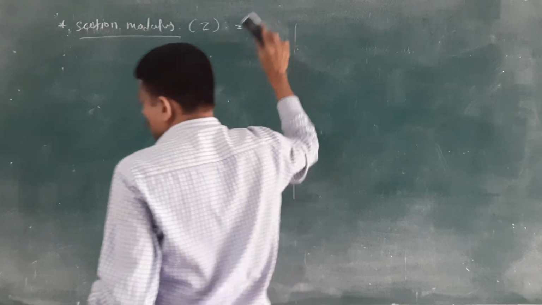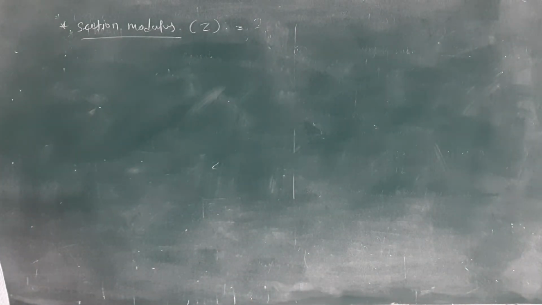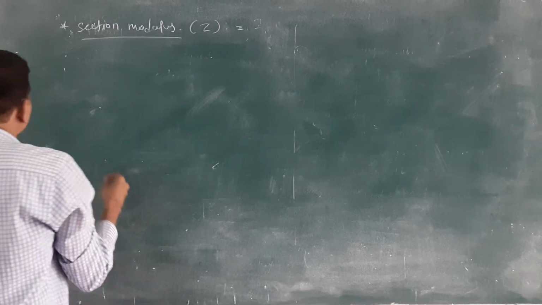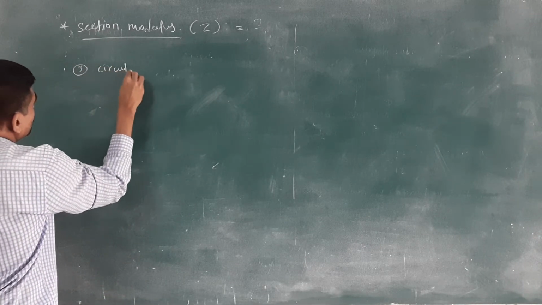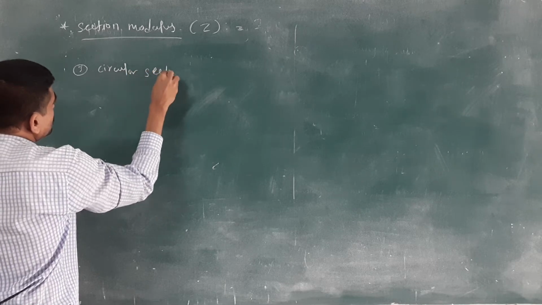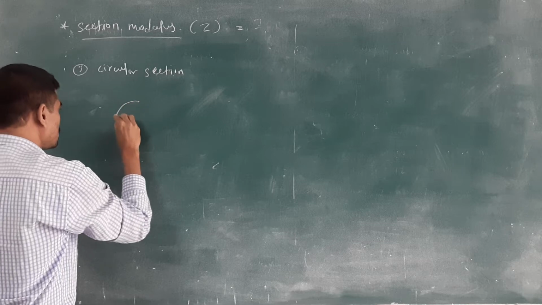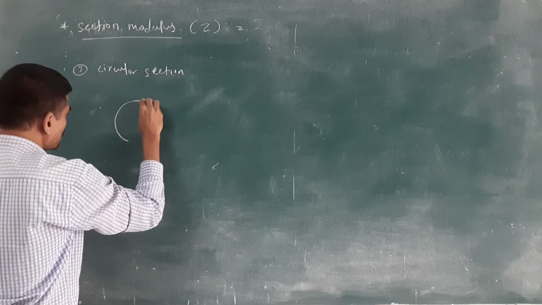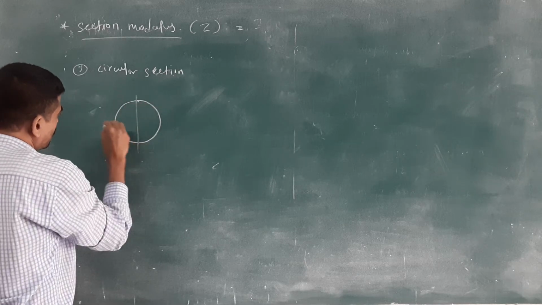Yes, what is the value of I for the circular section? Anybody? Do you know the I value? We'll take the third one, circular section. What is the value of I? We consider a circular section having only one dimension, small d.